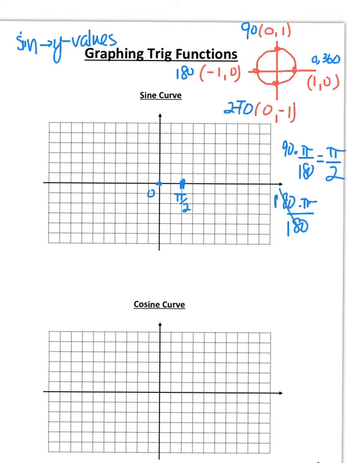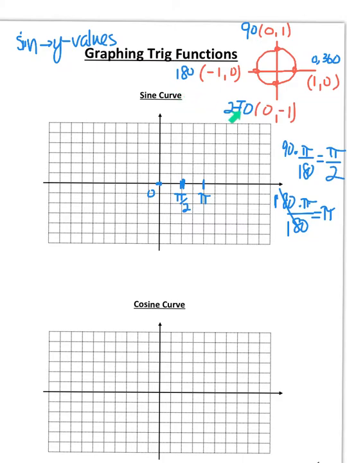You can see the 180s will cancel out. So 180 degrees, its radian equivalent is pi. So we're going to put that there. Okay, now we're going to continue to go 90 degrees in a counterclockwise direction. So that's going to bring us to 270.